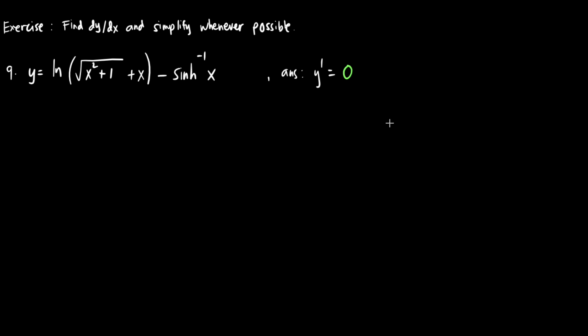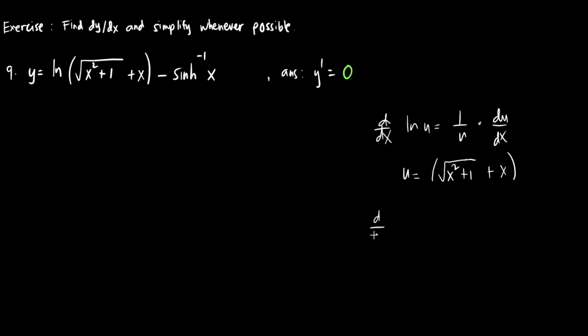So take note that the derivative of ln u is equal to 1 over u du over dx. Our u here in the problem is just equal to the square root of x squared plus 1 plus x.